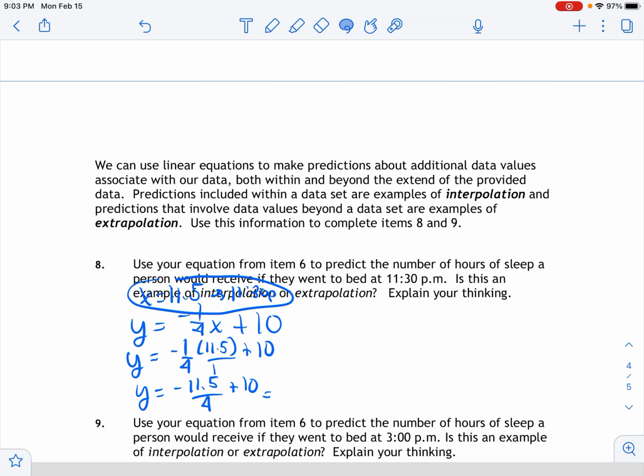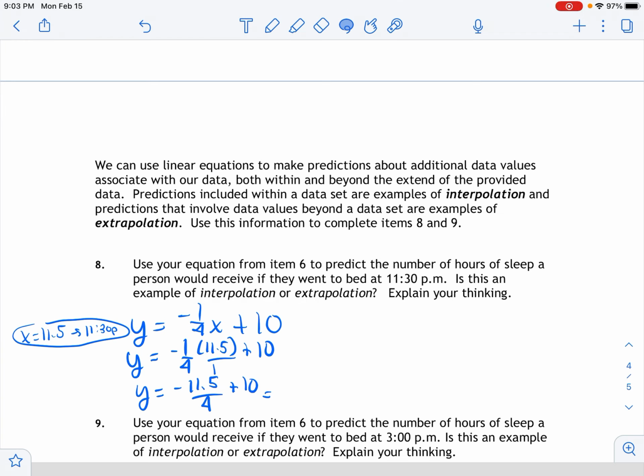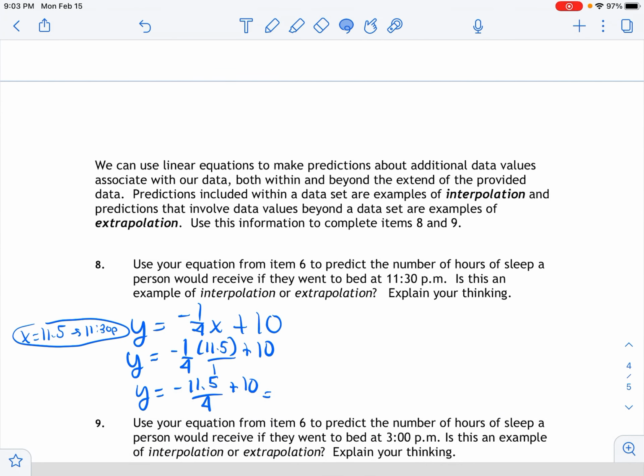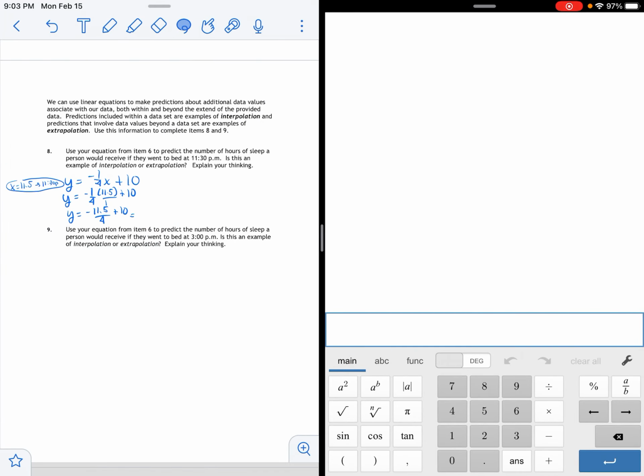And let's move this over here too, so then I can explain the follow-up question in just a second. I'm going to go to the calculator now.